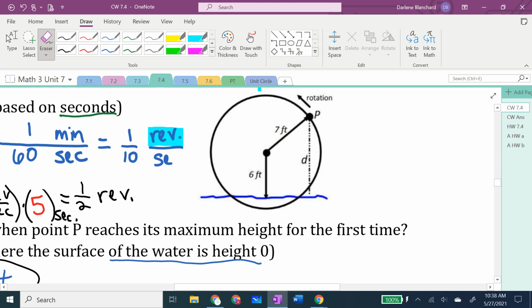What do you notice is so special about 6? What is so special about this location of 6 feet above the surface of the water? That's the location of the center of my circle.